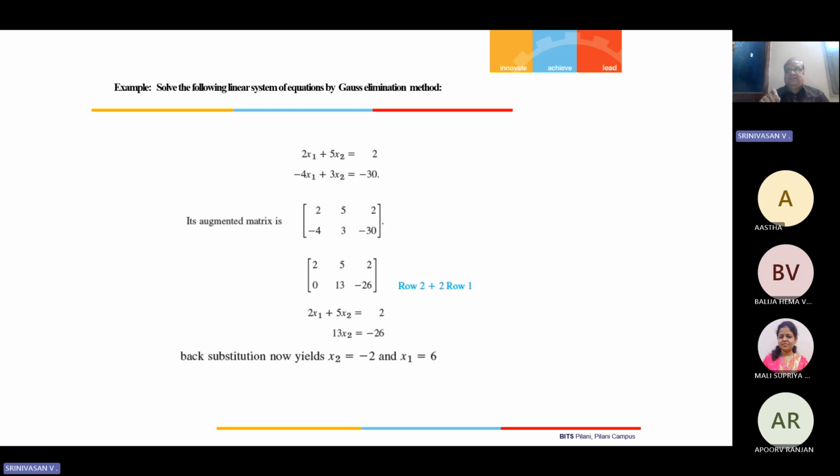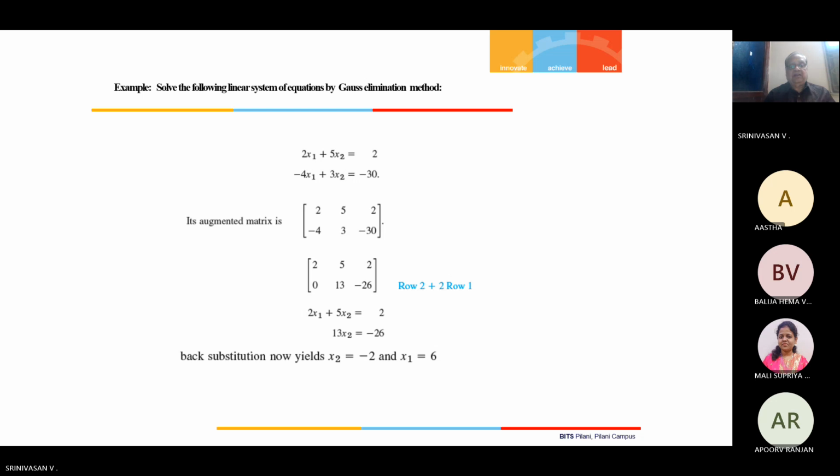Therefore, write the augmented matrix [A, B] equal to, and you write it as capital A and vector B, in bold since it is a vector.